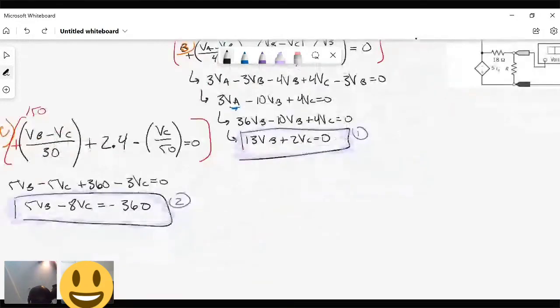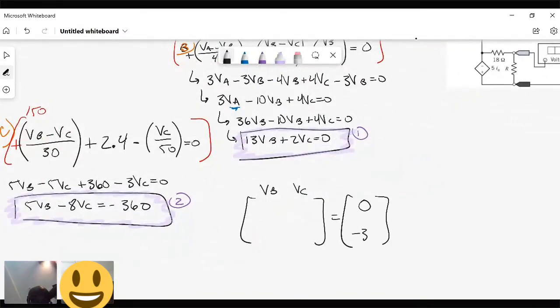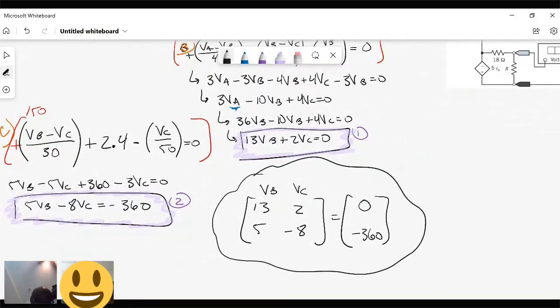So it would just be VB on one branch and VC on the other branch equals, and then you got 0, negative 360, 13 on the VB, 2 on VC, 5 on VB, negative 8, and then you just solve that, and solve this guy. And then you'd be good.